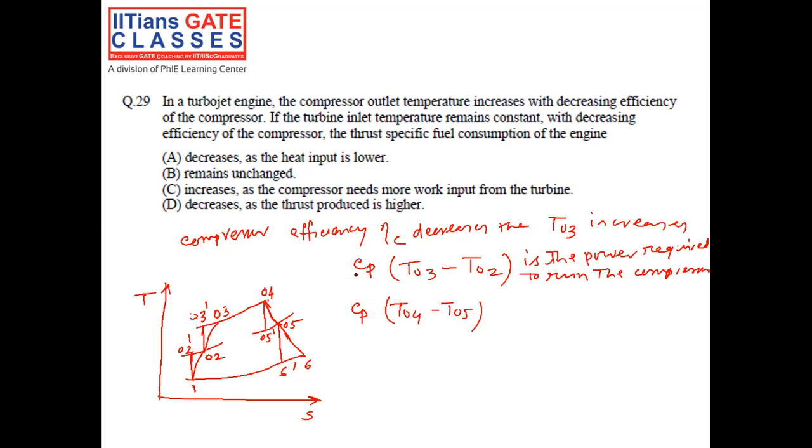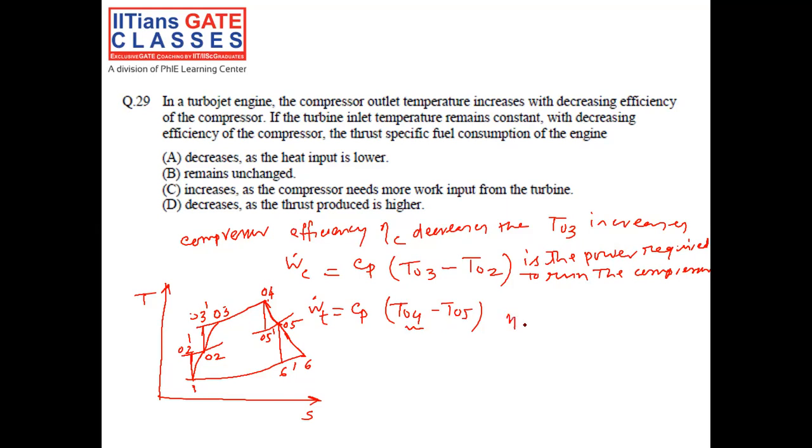So if eta C decreases, TO3 will increase, which means the power required to run the compressor, which is WC dot, will increase. And as this power is solely contributed by the power produced by the turbine, which is WT dot, in case eta C decreases, the turbine has to produce more power, right? And as TO4 is constant, to produce more power, which means to increase WT dot, TO5 has to decrease.